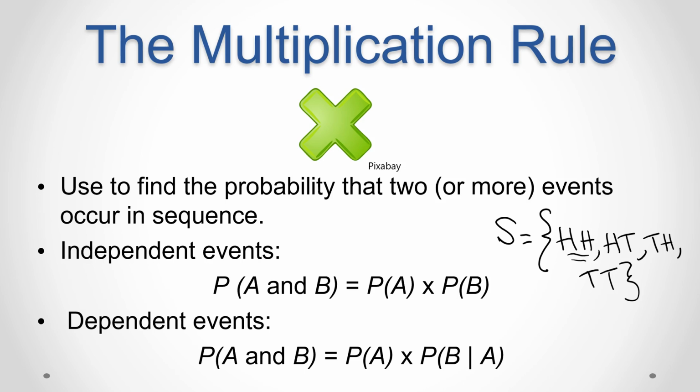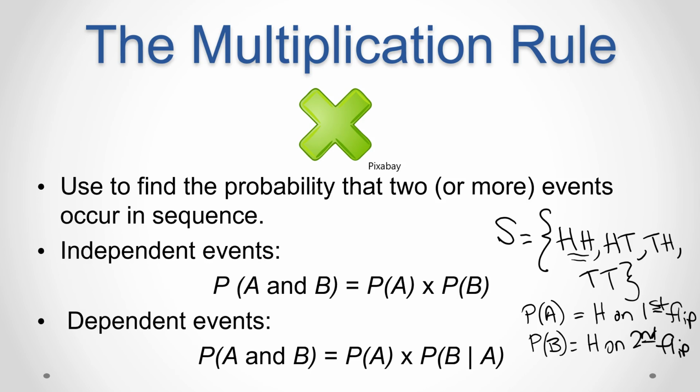The probability of heads on the first flip, we're going to call that probability of event A. Probability of heads on the second flip, we're going to call that probability of event B. Remember, these are independent events.